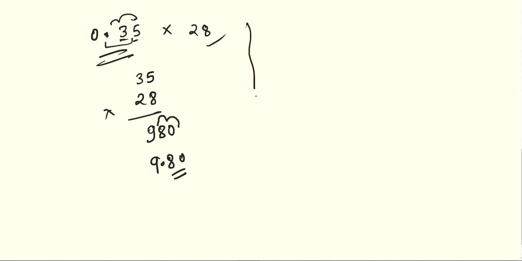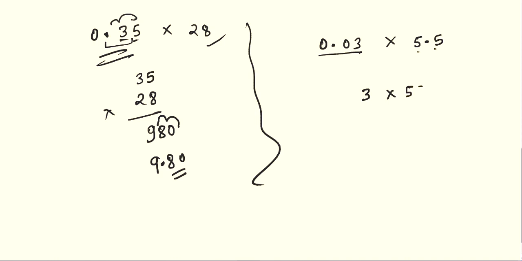Then next is multiplication of a decimal number with another decimal number. Suppose you are having 0.03 and you are multiplying this by 5.5. So 0.03 can be written as 3 only, into 5.5 can be written as 55.